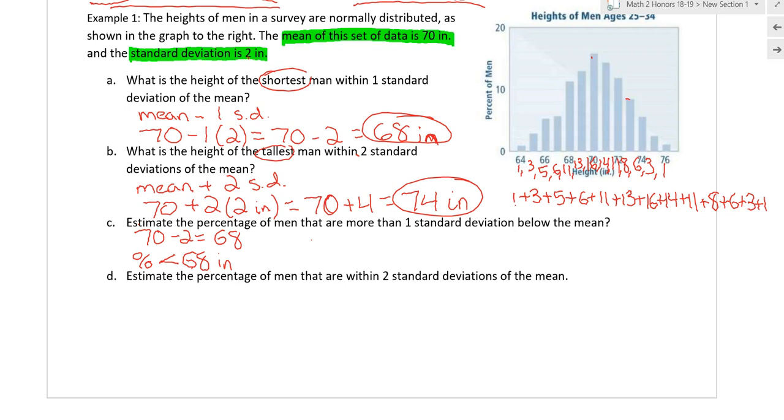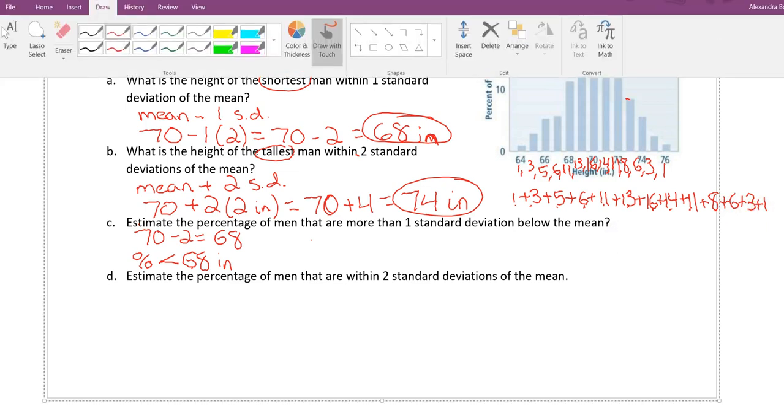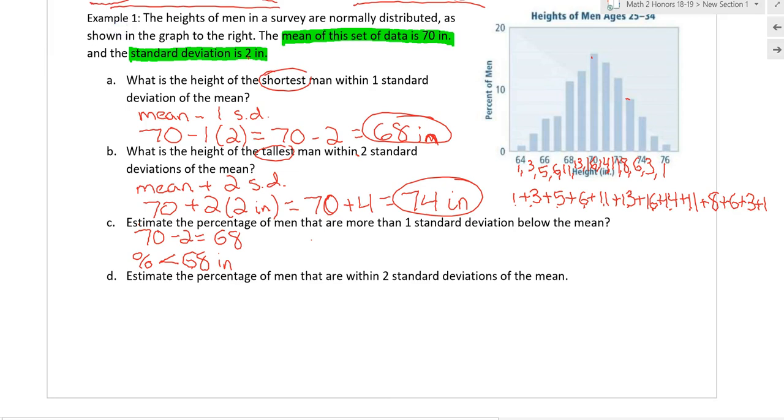Okay. And I'm just going to add all those up. 4, 9, 15, 26, 39, 49, 55, 69, 80, 88, that's 10, I believe it's 98 total.